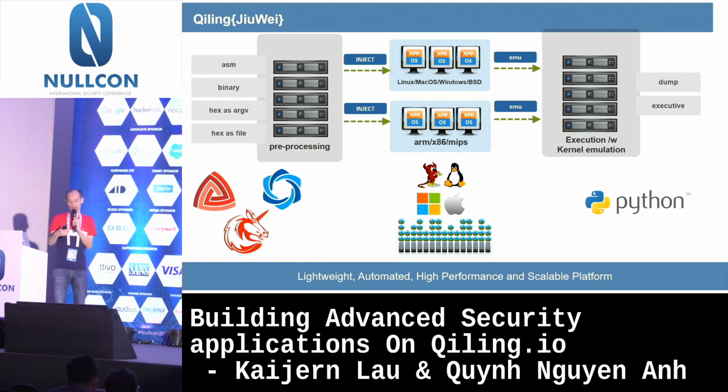We compile the assembly shellcode, and you get back the binary. After that, we perform some pre-processing, we initialize our emulator, and we inject the shellcode into the emulator. Inside the emulator, we support different kinds of CPUs. Actually, here the emulator is built on top of NULLCON, so we support different kinds of CPUs like ARM, ARM64, Mips, Sparc, and M68K.